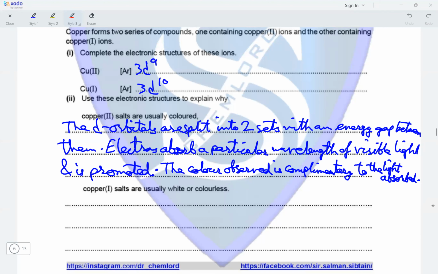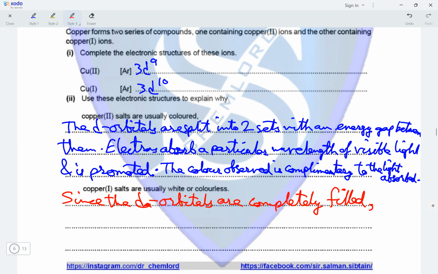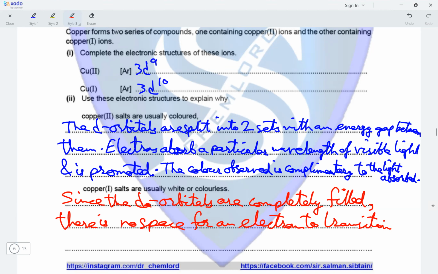Copper 1 salts are usually white or colorless. Since the d orbitals are completely filled, there is no space for an electron to transition to.